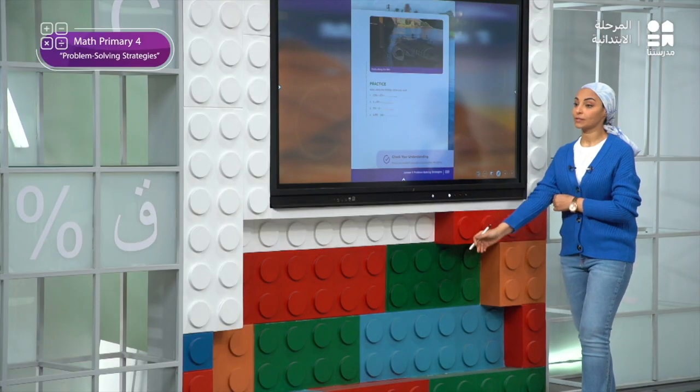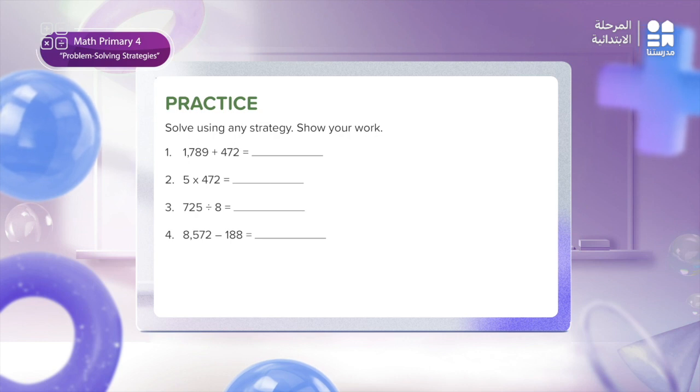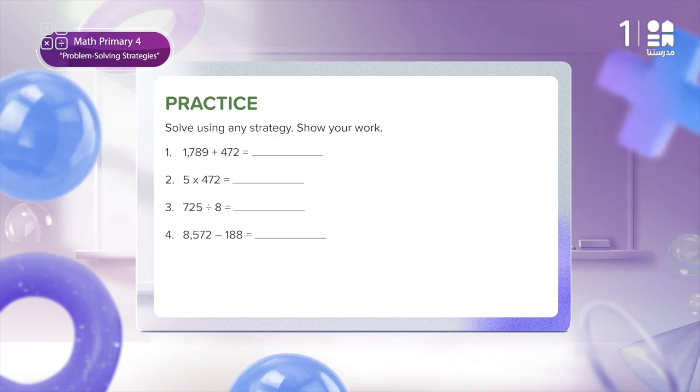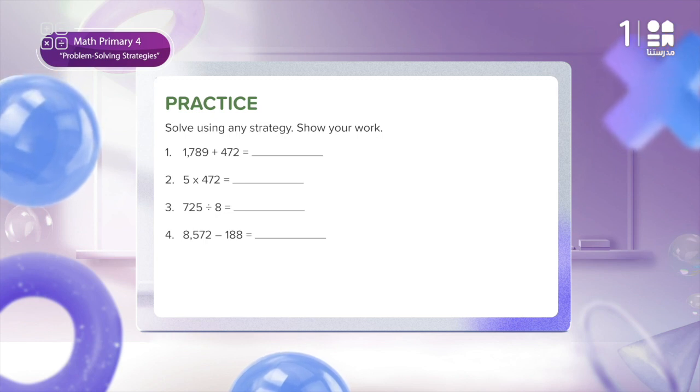And now, let's head to the practice part on page 333 in your school book. Here, we will be able to use more than one strategy while answering the questions. And of course, we solved similar problems to the ones we had during our lesson. Now I'll give you time to think about problem number 4, and when we get back, we will discuss the answer all together.